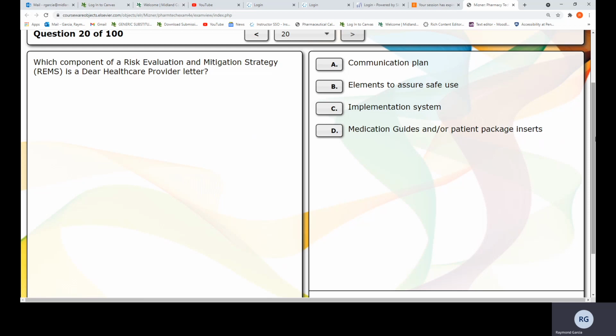Which component of risk evaluation and mitigation strategy is a Dear Healthcare Provider letter? Any guesses? Which one? Communication. Let's look at it.